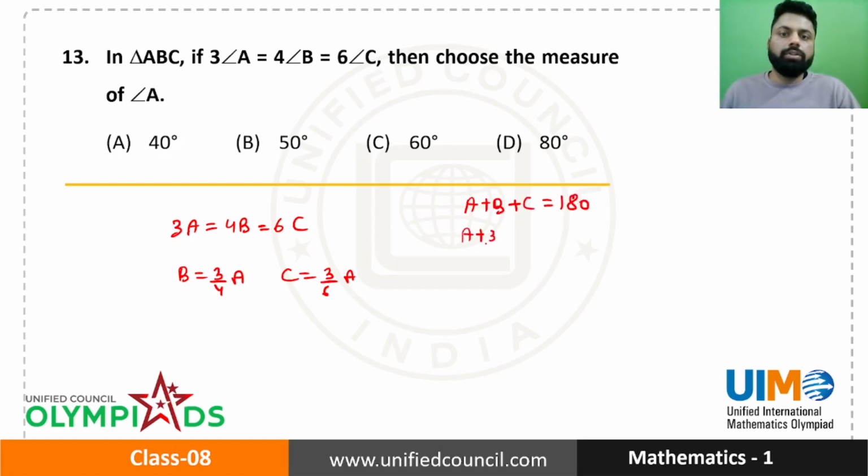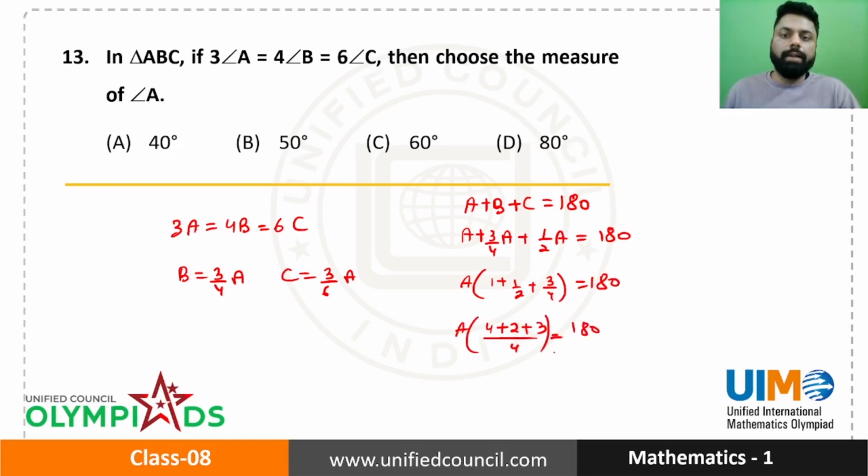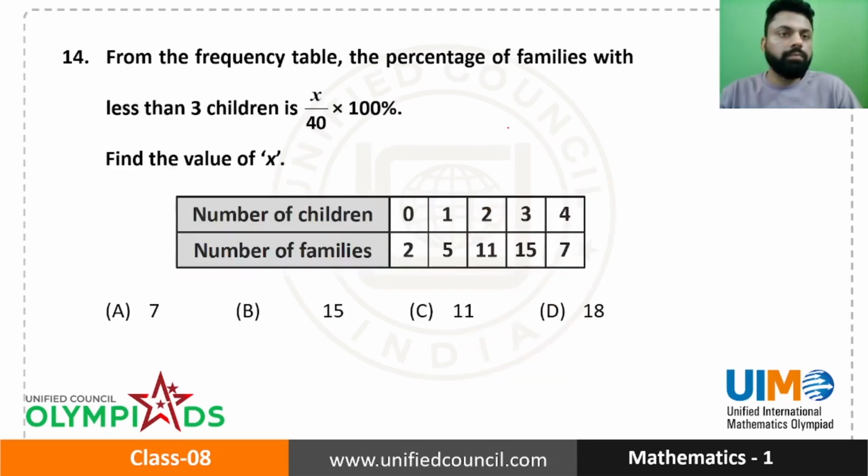So A plus 3 upon 4A plus 1 upon 2A is equal to 180 degree. So A is common. 1 plus 1 upon 2 plus 3 upon 4 is equal to 180 degree. This is 4 plus 2 plus 3 upon 4 is equal to 180 degree. A is equal to 180 degree multiplied by 4 upon 9. So this is equal to 80 degree. That's what we need to calculate, the measure of angle A.